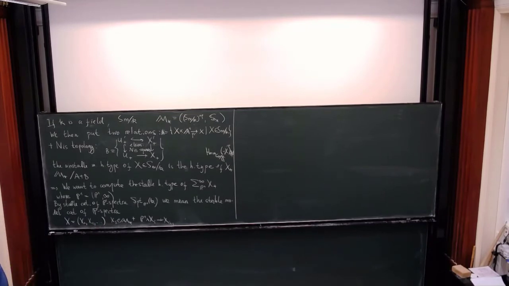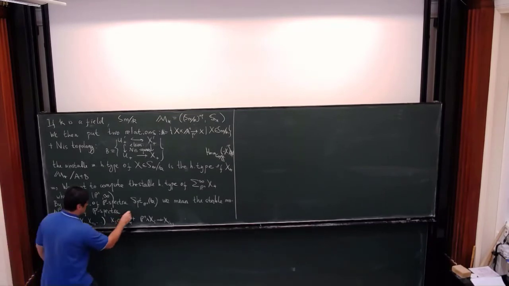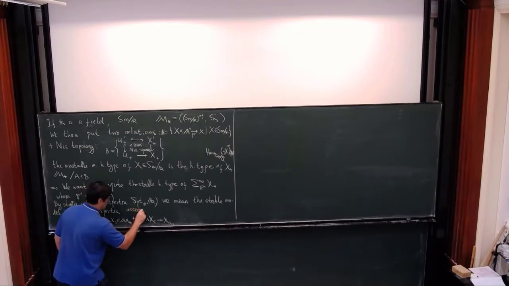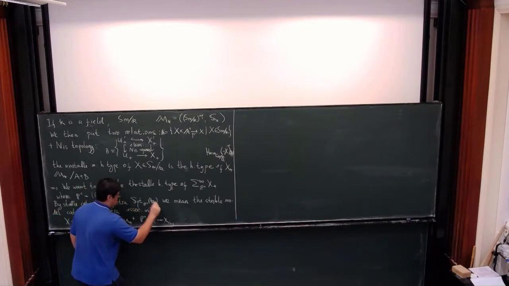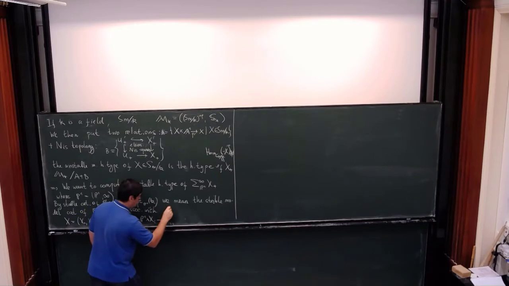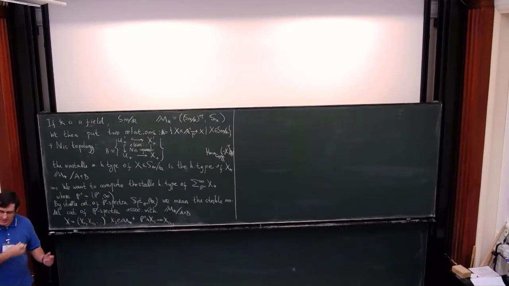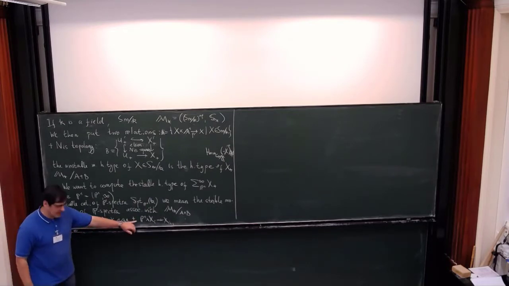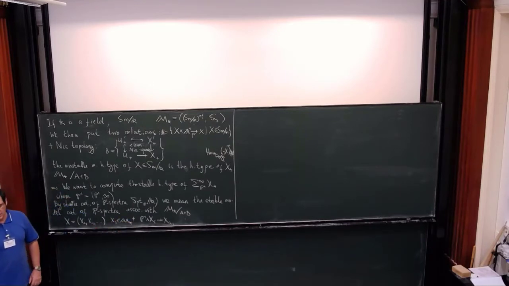So the model category of P1 spectra associated with the category M star, in fact modulo A plus B, of course, because it is this category which is interesting. I'm not speaking about S1 spectra here, but the right category for stable motivic theory is that, for example, of P1 spectra.